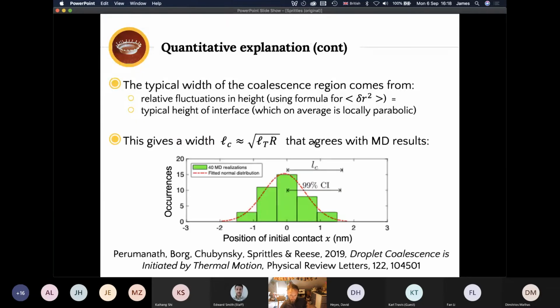If we do that, we find this nice expression here. Out pops the thermal length scale and the radius of the drop. What's interesting is that if we took a macroscopic drop, say a millimeter, this would give us around a micron. So this nanoscale effect can have a rather larger influence on drop dynamics.